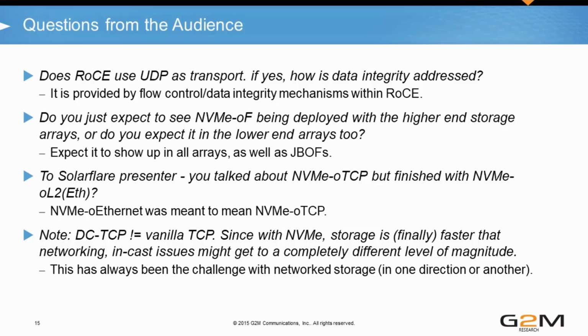Excellent. Second question, do you just expect to see NVMe over Fabric being deployed with the higher end storage arrays, or do you expect it in lower end arrays also? Oh, I'll take that one myself. I expect NVMe over the next decade to essentially replace SCSI.